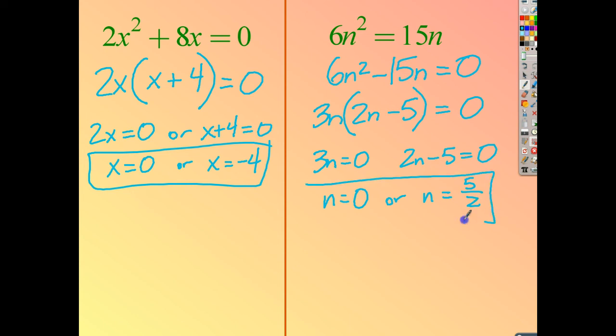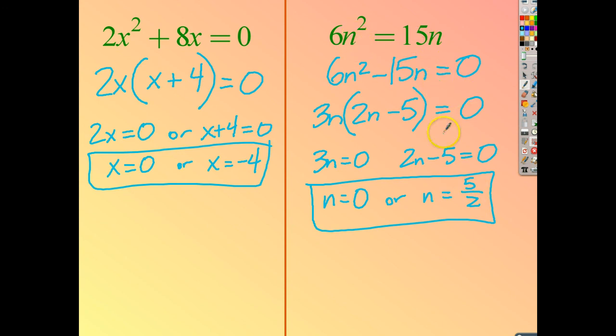You can always check your answer by plugging these numbers back into the original equation. If I take 0, that's obviously going to work, because this will be 0 and this will be 0. The 5 halves part is maybe not so obvious. Plugging in, 15 times 5 over 2 gives 75 over 2.